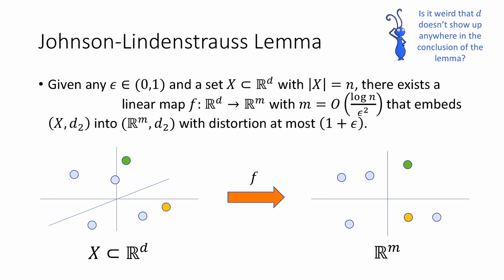The main result we'll see today is called the Johnson-Lindenstrauss lemma. This result has tons of applications in dimension reduction and algorithms in general, and we might see some of these applications later. The lemma says the following.